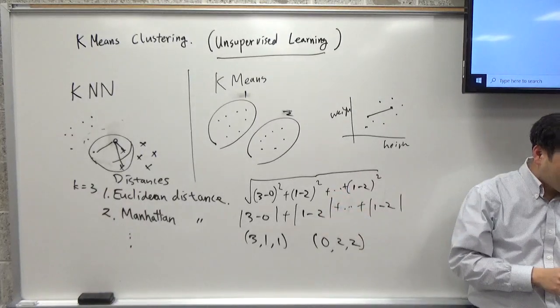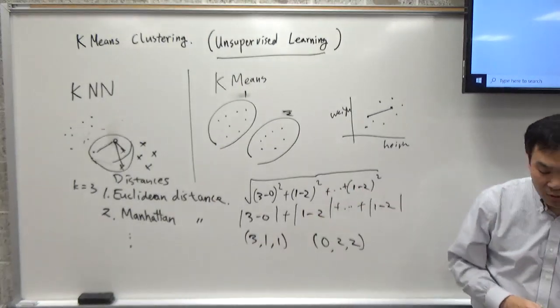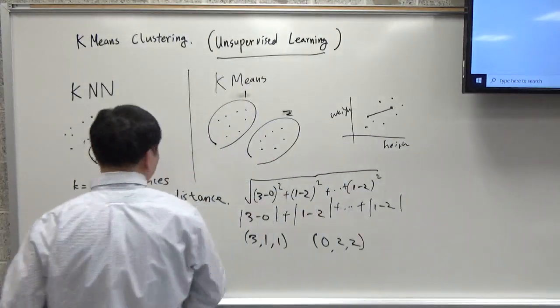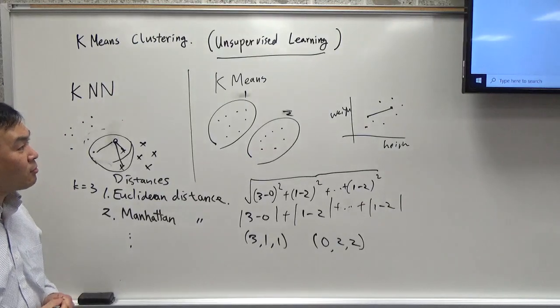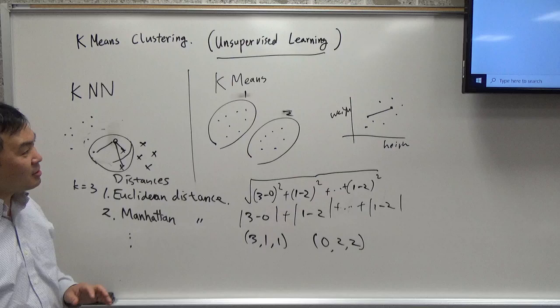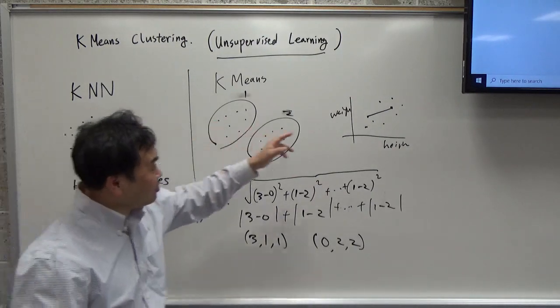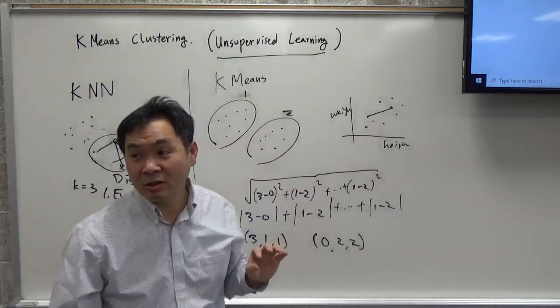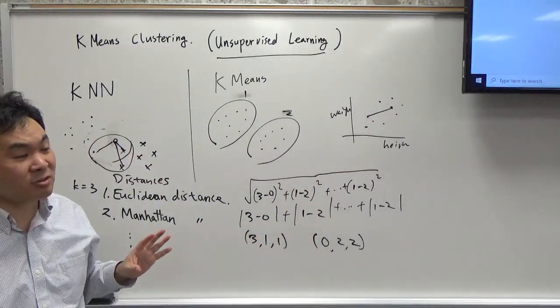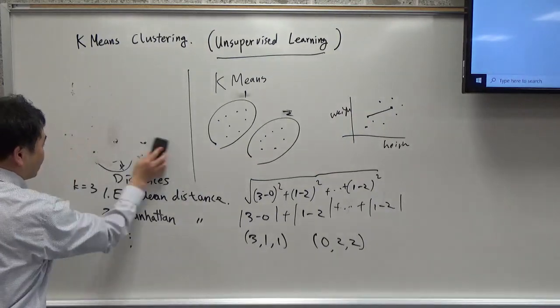So when you have different units, these distances will be sensitive to the units, and therefore, before you take these distances, it's advised to make these things unitless by dividing by their standard deviation. Okay? So you all know of the z-score, right?